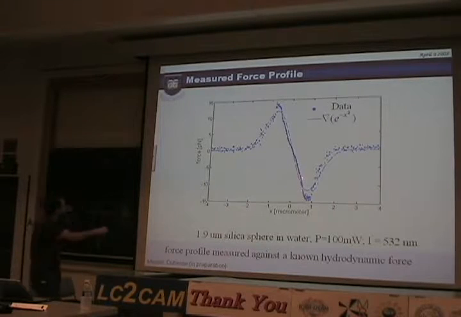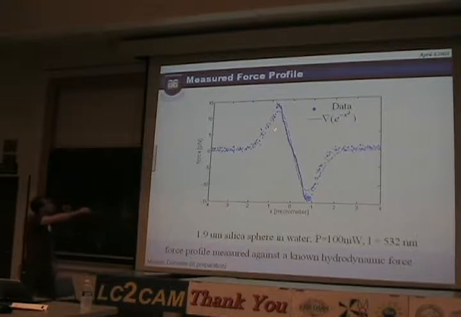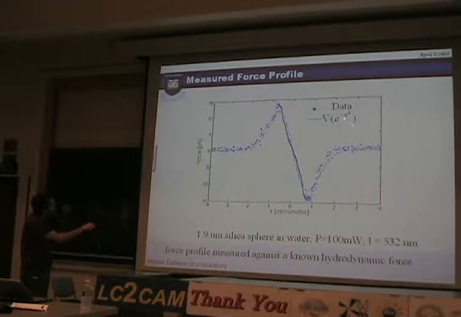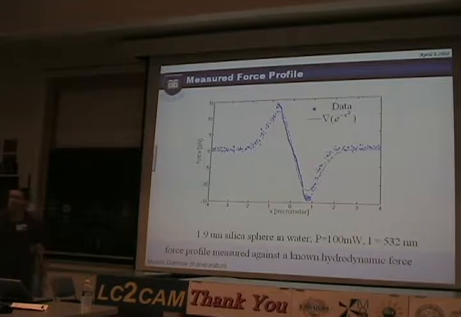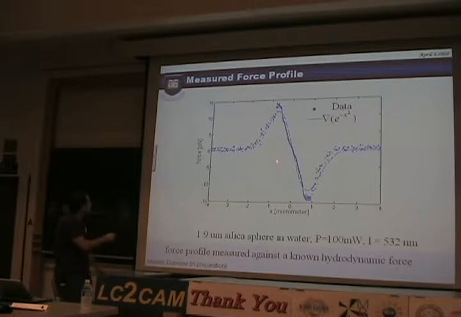Okay? So 0 is the focus of the laser beam, and you can see that to the left of 0, if you're pretty close to the focus, there's a large force pushing you to the right towards 0, and to the right of the focus, there's a force pushing you to the left. So it's creating a restoring force which draws objects towards the focus.